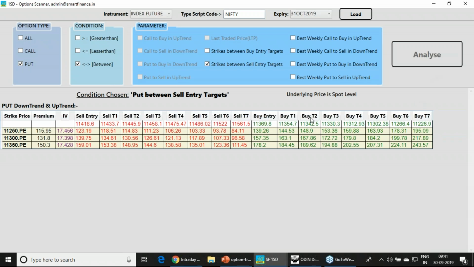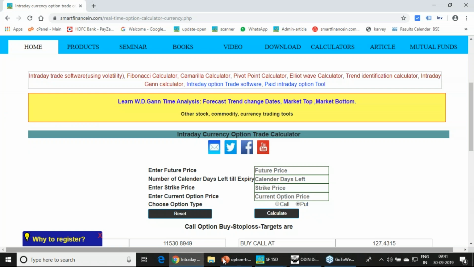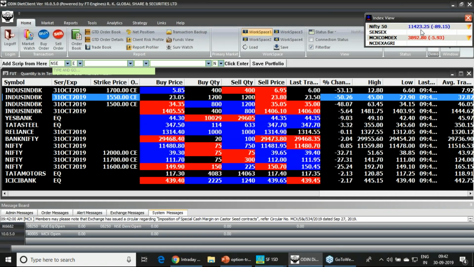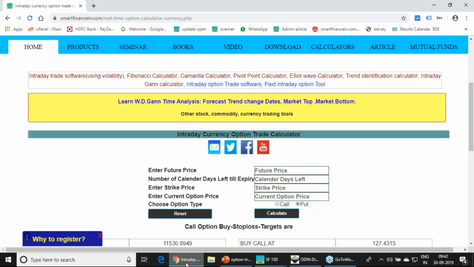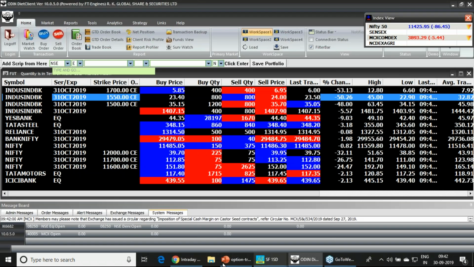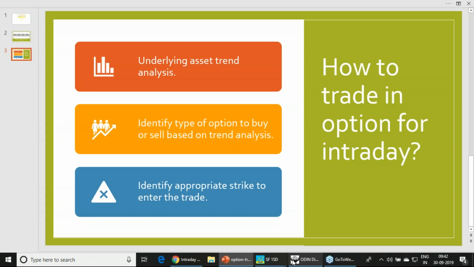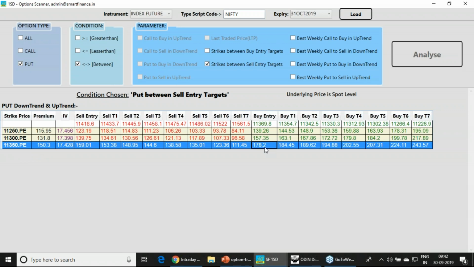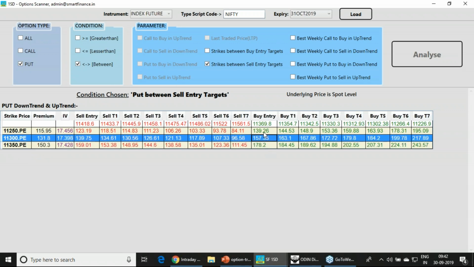This is based on the underlying spot price. So here today it is telling me that spot is at 11,422, and that if I want to trade, I can think of buying the 11,350 or 300 or 250.